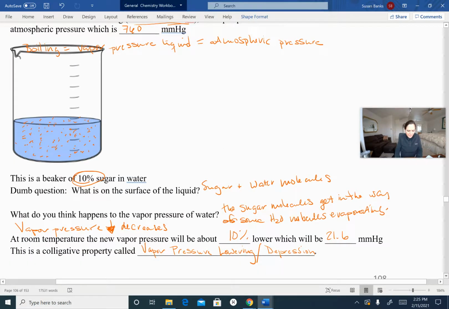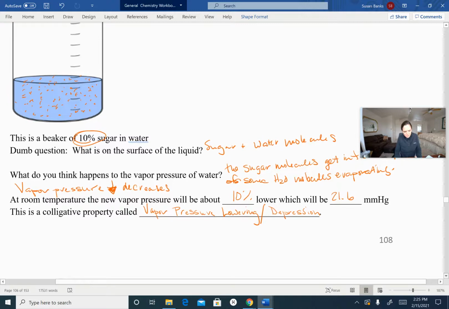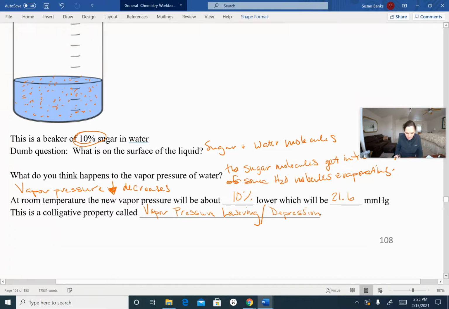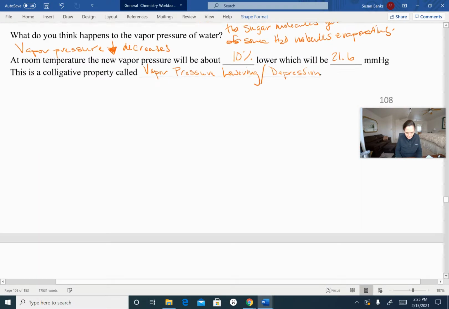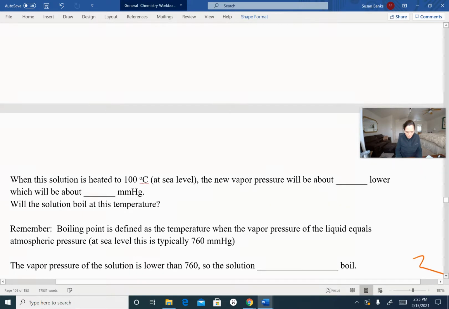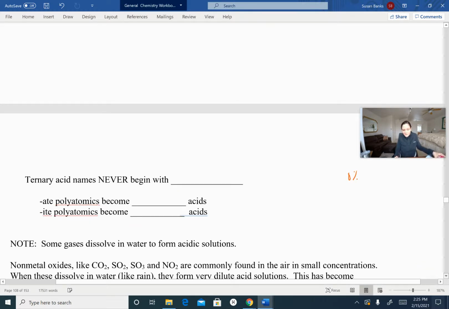Okay, so what would happen if I took this same solution and I heated it up to 100 degrees? If that was heated up to 100 degrees, that vapor pressure would still be about 10% lower, because I've got 10% sugar solution getting in the way.